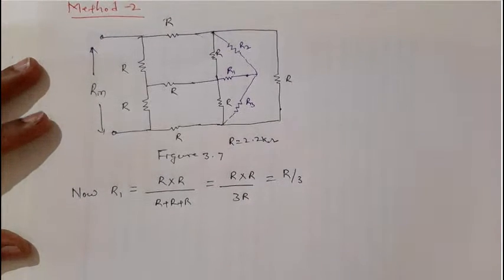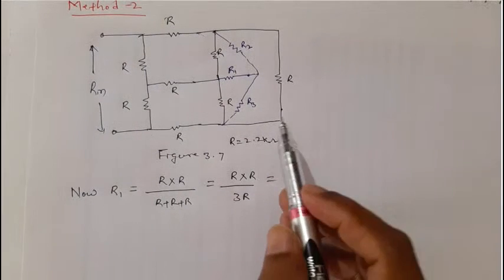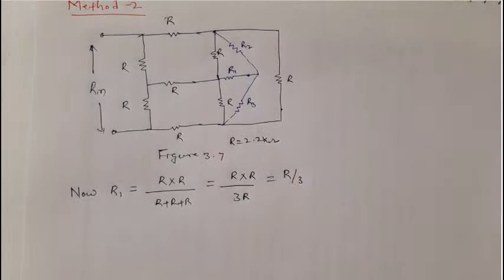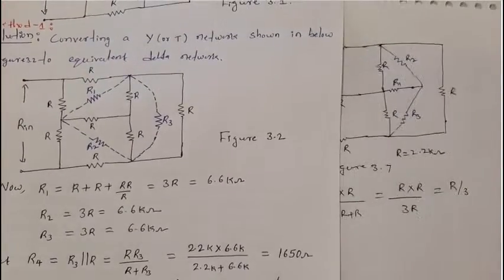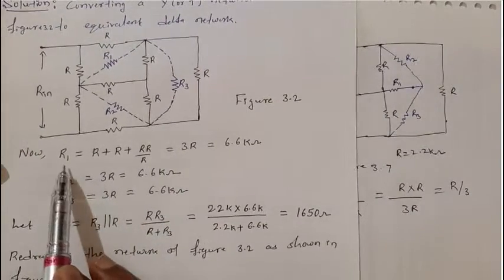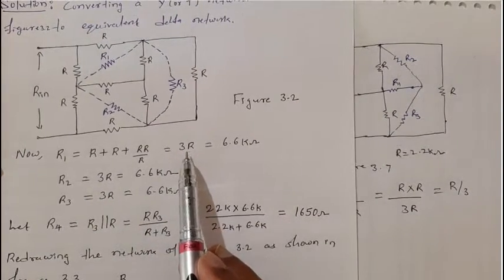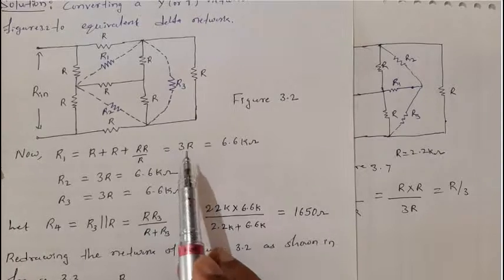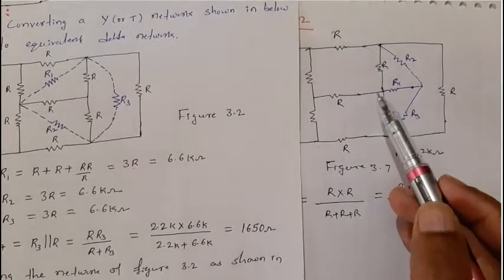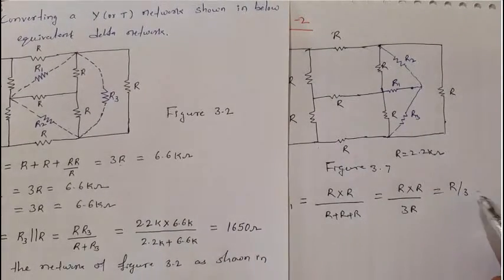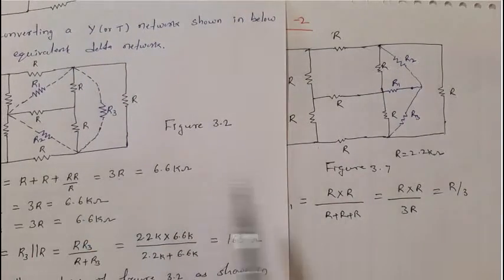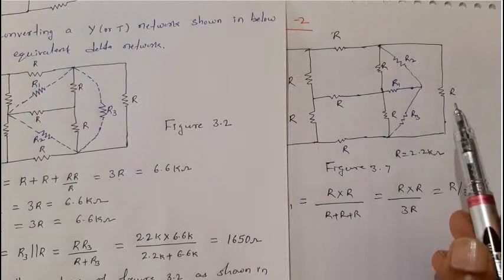So that is what, dear students, I told when we were converting from T to the equivalent delta network, we got R1 equal to 3R. But now when we are converting delta to T network, we got R1 equal to R by 3. This is the case where all 3 resistors are equal.